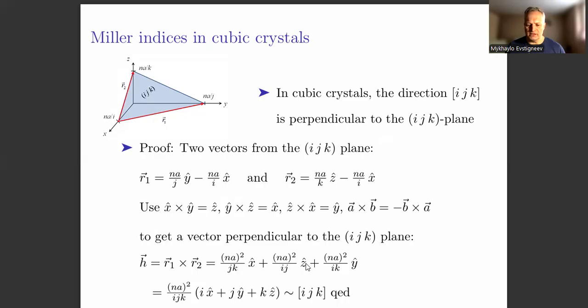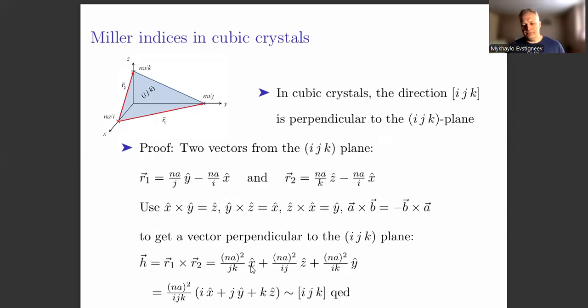The unit vector in the z direction is divided by ij, the Miller indices. Notice that, for example, the x unit vector is divided by jk. J belongs to the y, k belongs to the z. The z unit vector is divided by ij. I belongs to the x, j belongs to the y. And the y unit vector is divided by ik.